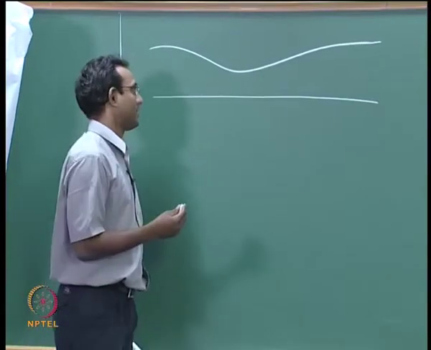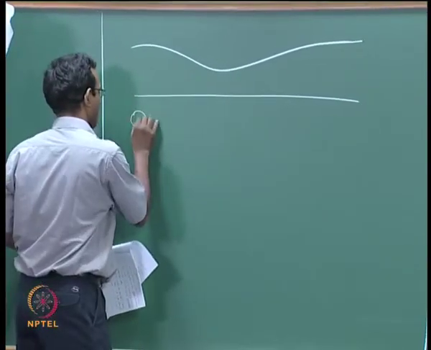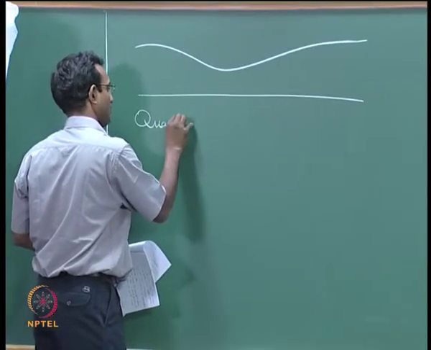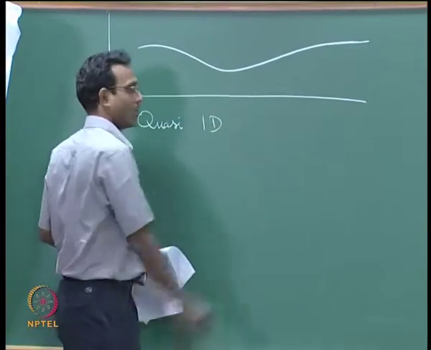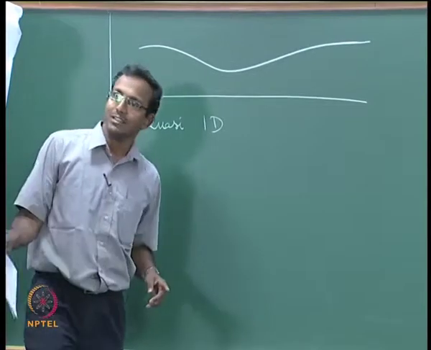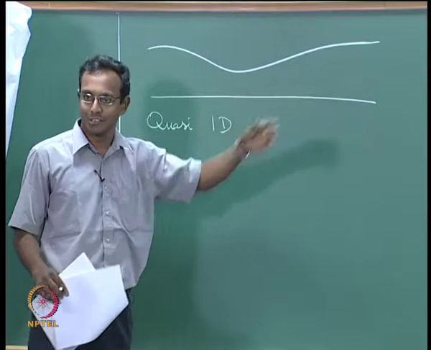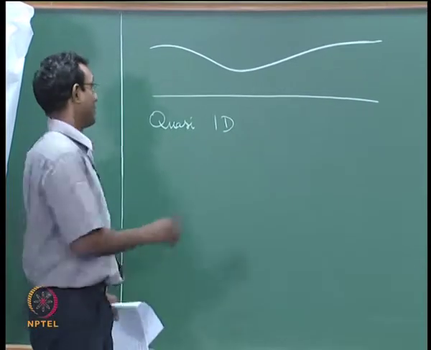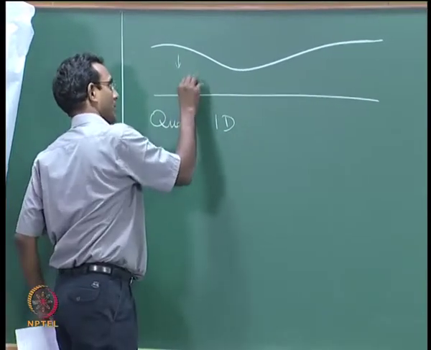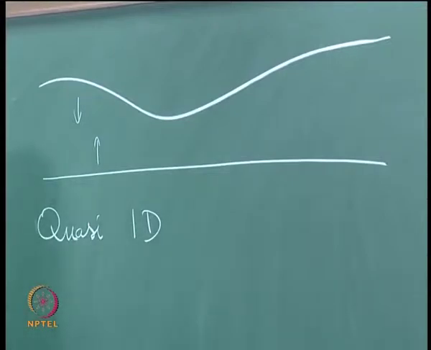I am going to say that I am going to use quasi 1D assumption, where we say that the flow is going to be going only along a particular direction and I am not worried about the perpendicular component velocities.